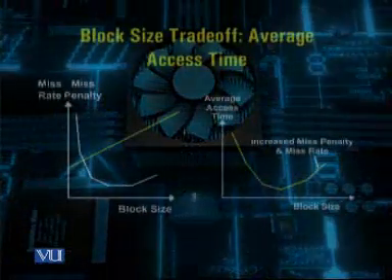So this graph, which results from the merger of the graphs for the miss rate and miss penalty with respect to the block size, shows that there is a critical value of the block size when the average access time is minimum. And we usually use this block size for our normal operation.